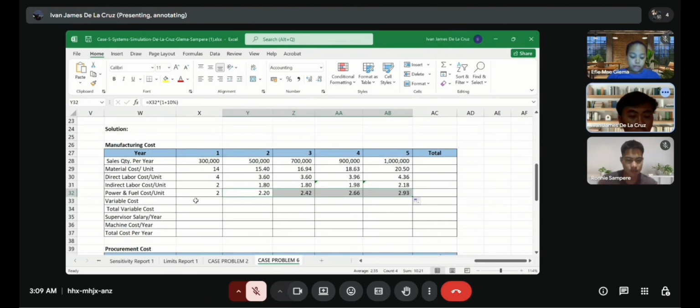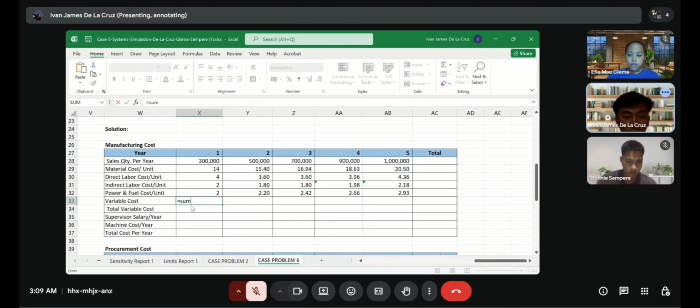And then for variable cost, we will get the sum of material cost to power and fuel cost, and then drag. We will do it manually.